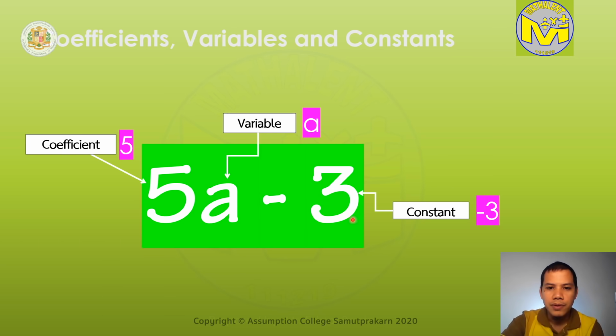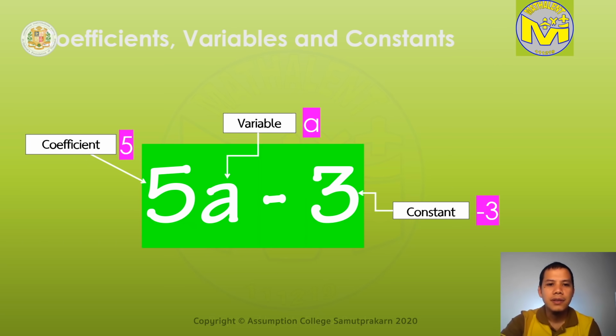While when a number has a variable beside it, it is called a coefficient. But still, this is a constant, okay? Because it is a number. A constant is a number.